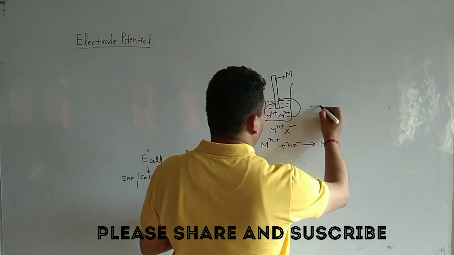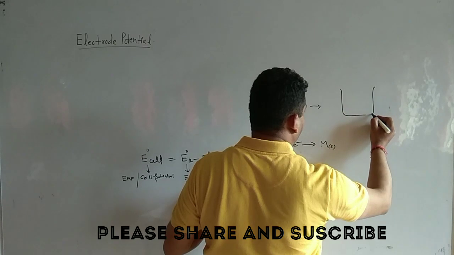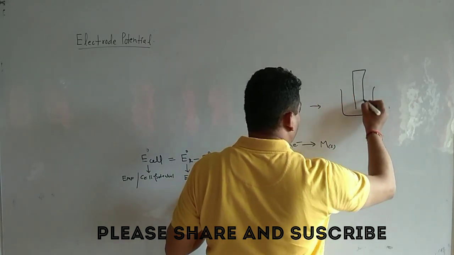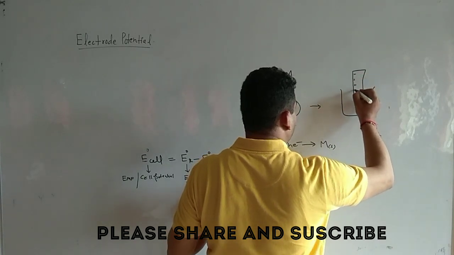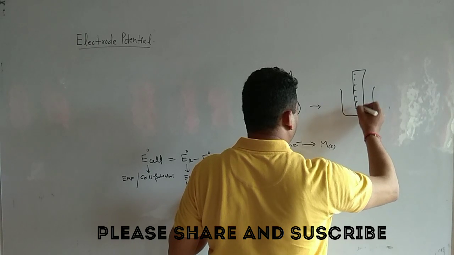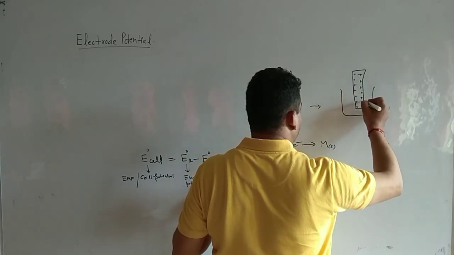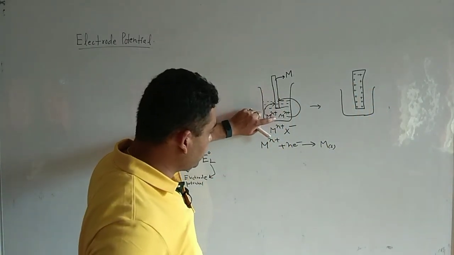How can this situation be simplified or shown? Conventionally, I am putting positive signs here, because the negative charge is increasing in the solution.